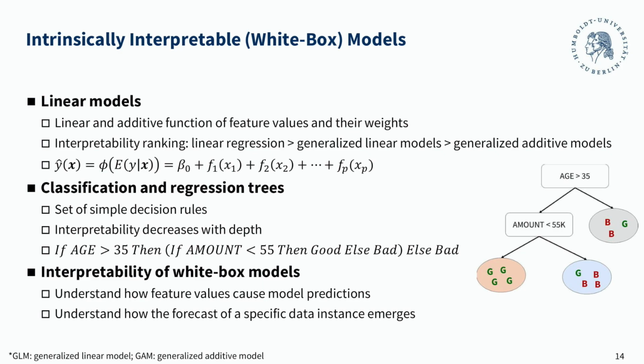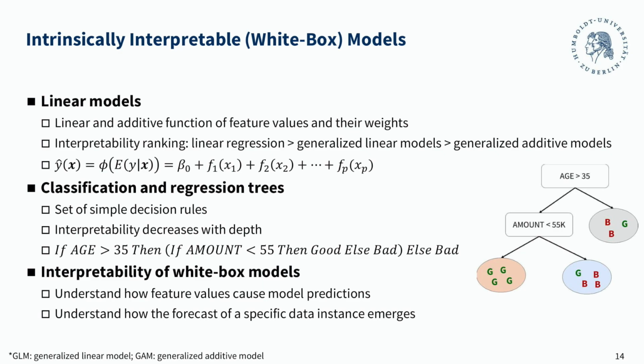That was already said, just for you to read up. Models that are interpretable per se. This typically includes the class of linear models and trees, or maybe we should say shallow trees.